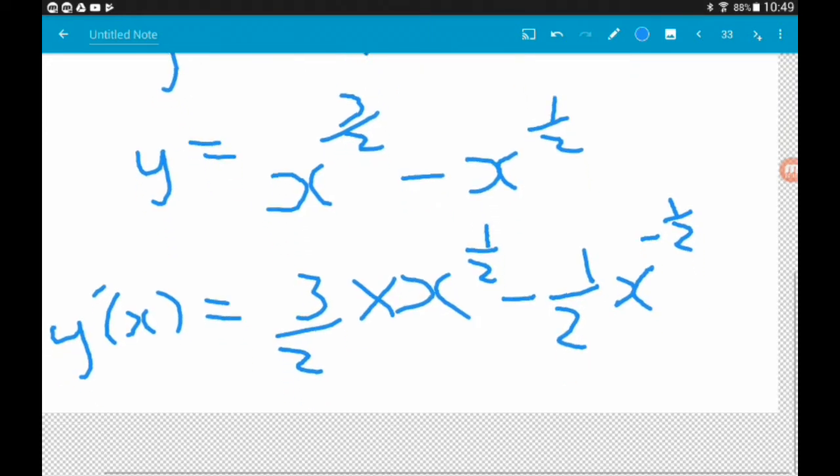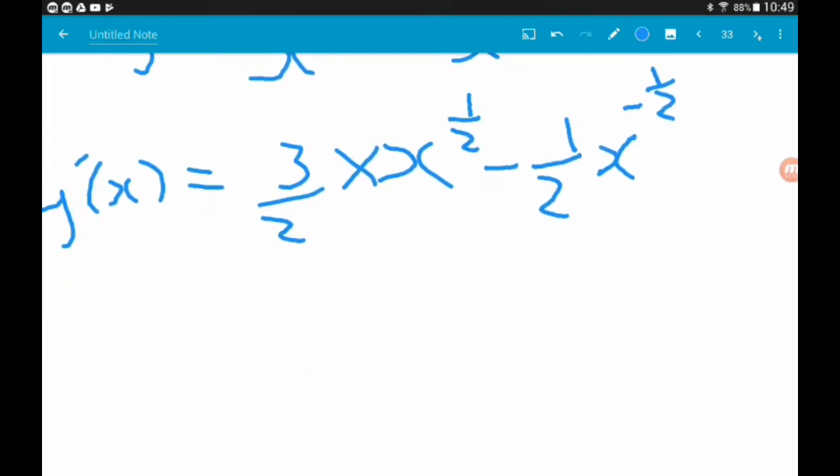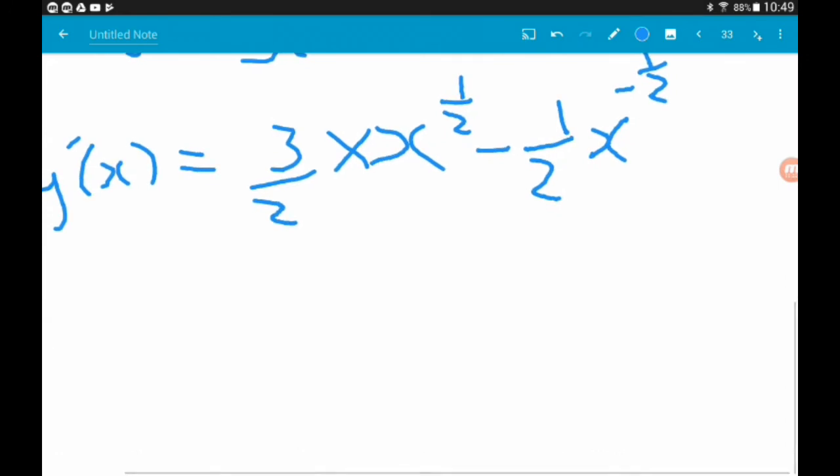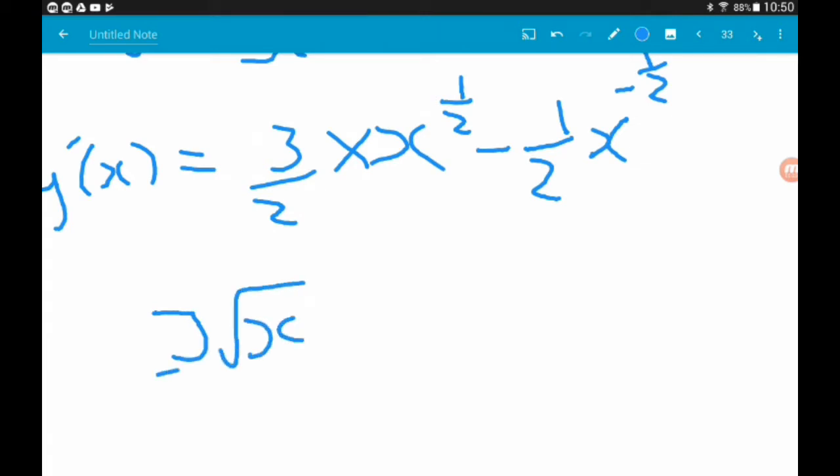Okay, so there is our derivative. Let's clean it up a bit. So, we've got 3/2 times x to the half. So, we can write that as 3 root x over 2. Remember, x to the power of 1/2 is the square root of x. So we've got 3/2 times root x, which we can write as 3 root x over 2.